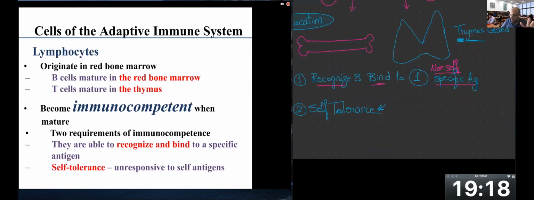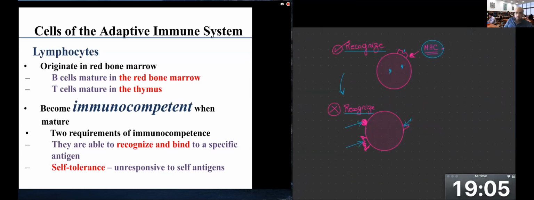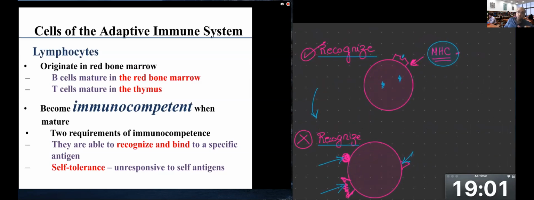So I'm able to recognize a specific non-self antigen. But I need to make sure that those graduating cells will not kill me. So I need to make sure they are capable of recognizing the self antigen on which you're going to be presenting other antigens that might be non-self.